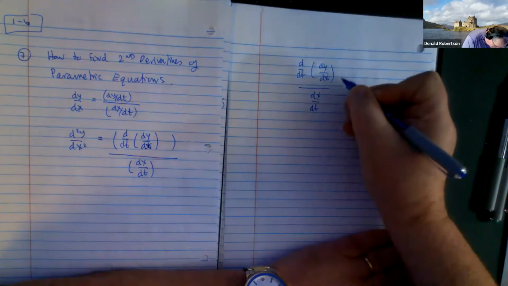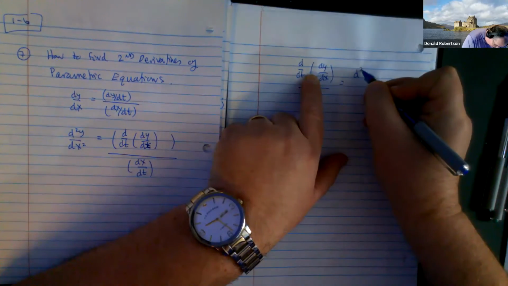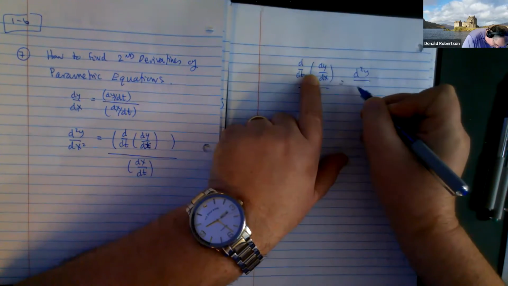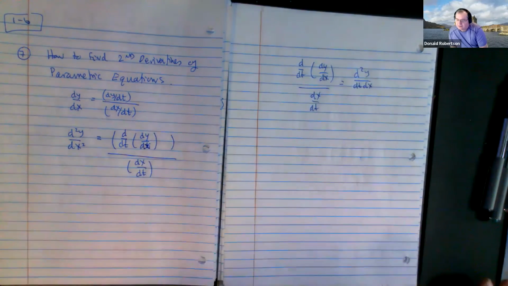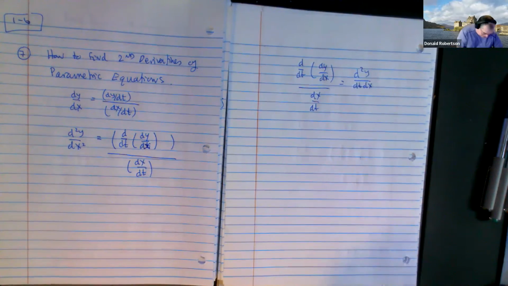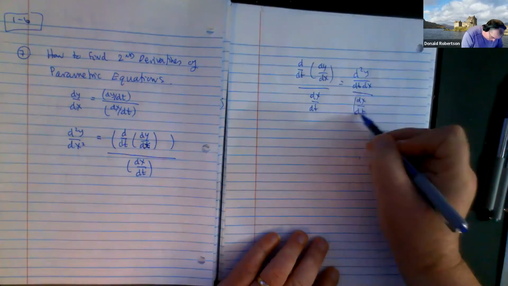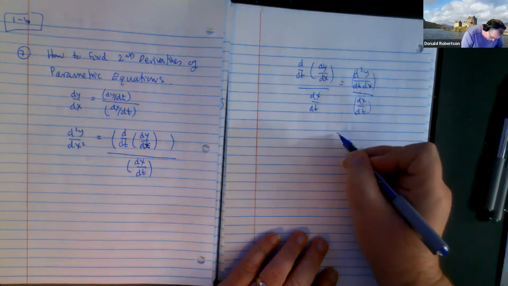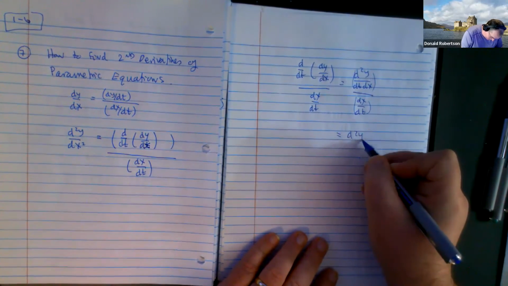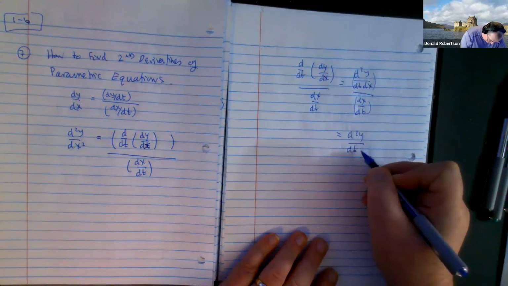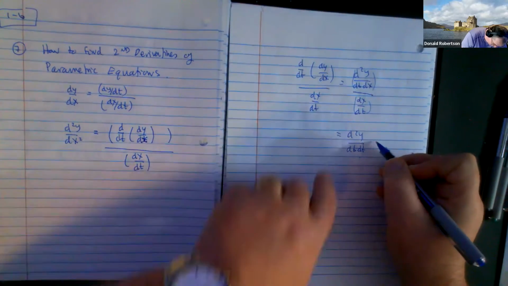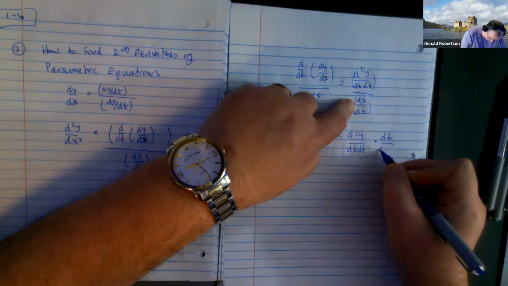This is like d squared y dt dx, great? And on the bottom, we have dx by dt, which means you can take the top, and dividing is the same as multiplying by reciprocals.